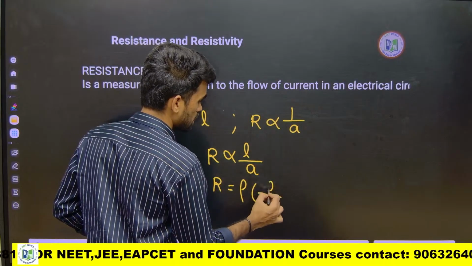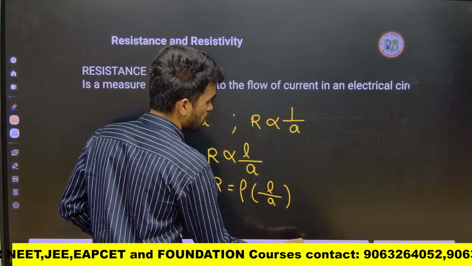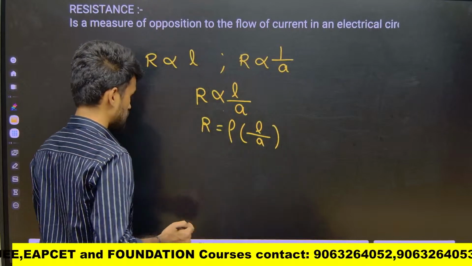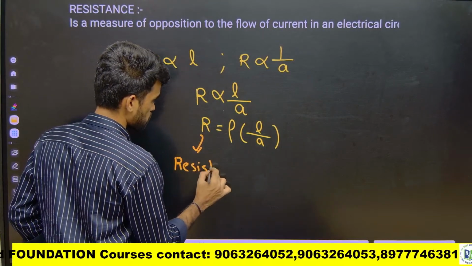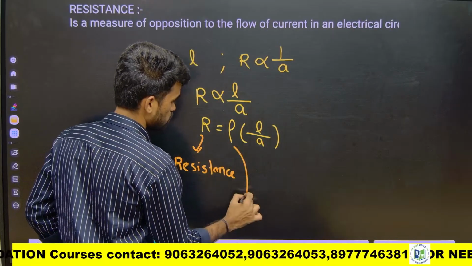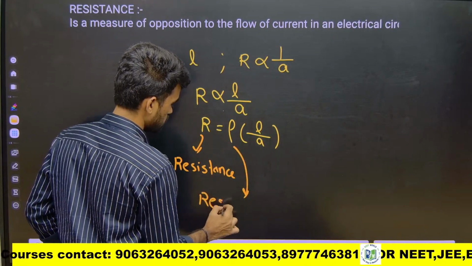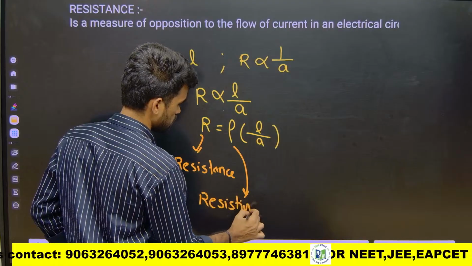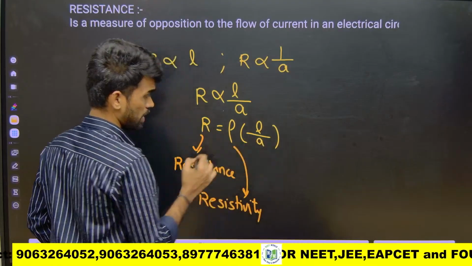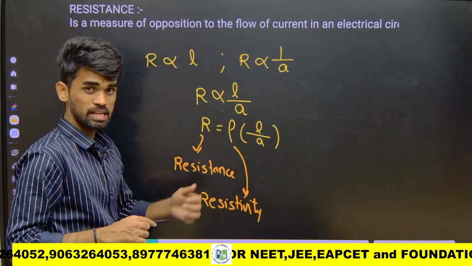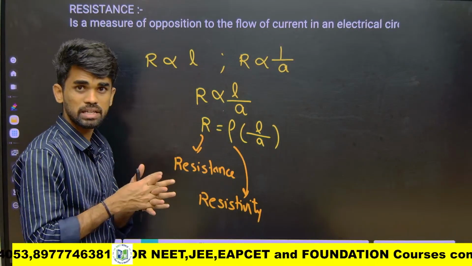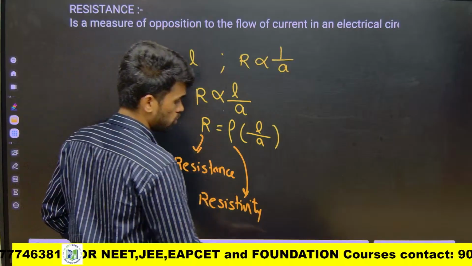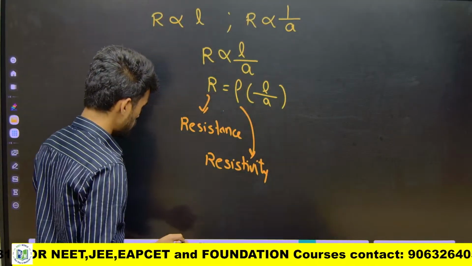Rho is called resistivity, whereas R is called resistance. L by A: L is the length and A is the cross sectional area of the material you are taking.